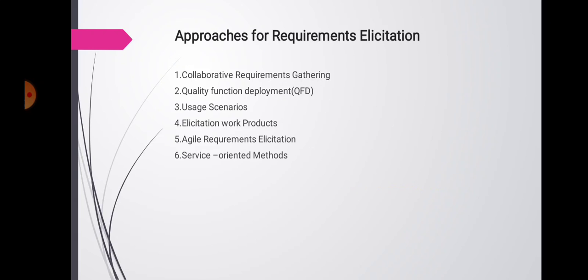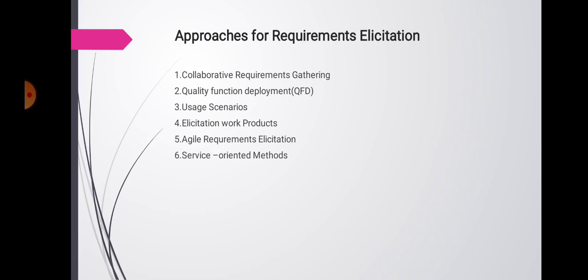Then approaches for requirement elicitation. First is collaborative requirements gathering. Today, many different approaches to collaborative requirements gathering have been proposed, and each makes use of slightly different scenarios, but all apply some variation on the following basic guidelines.